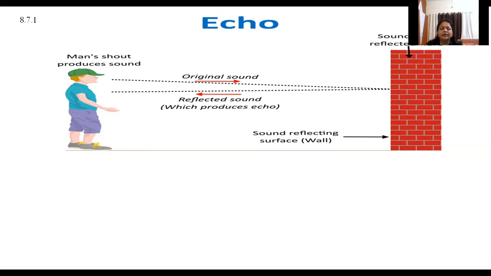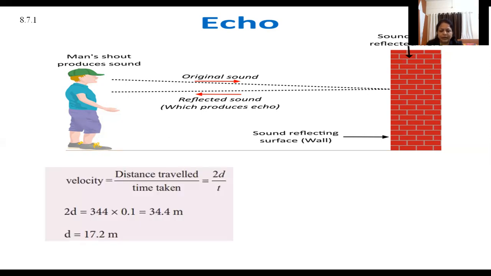आणि आपल्याला माहिती आहे at 22 degree temperature, the velocity of sound is 344. So the minimum distance, if we want to calculate for the echo to happen, as we know, velocity is equal to distance upon time.